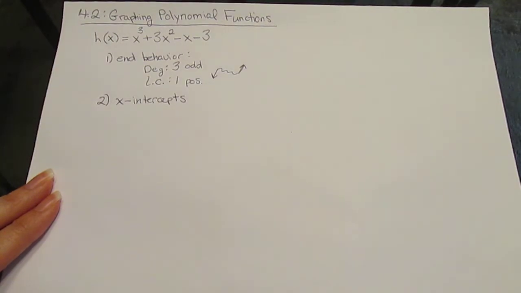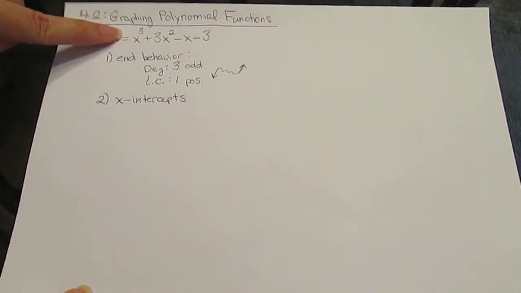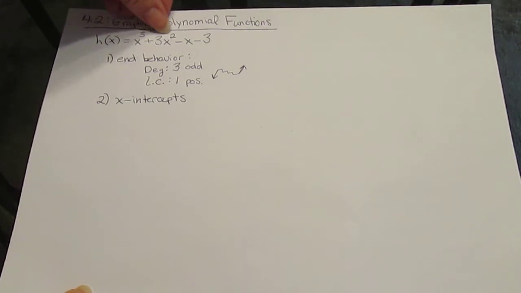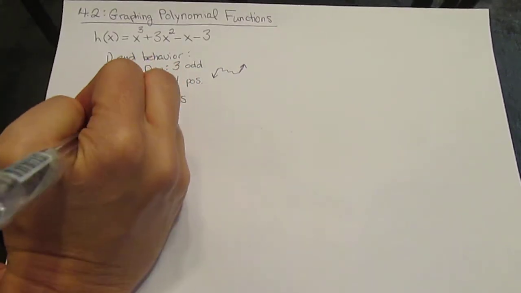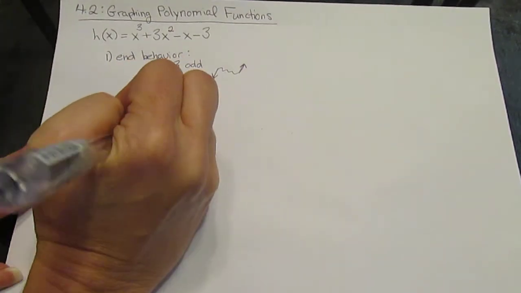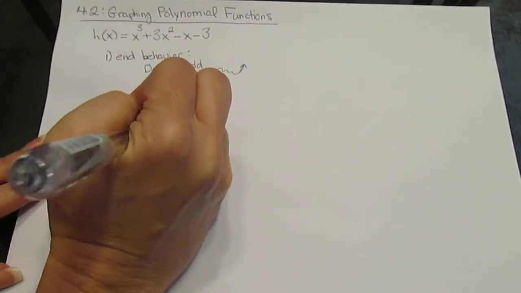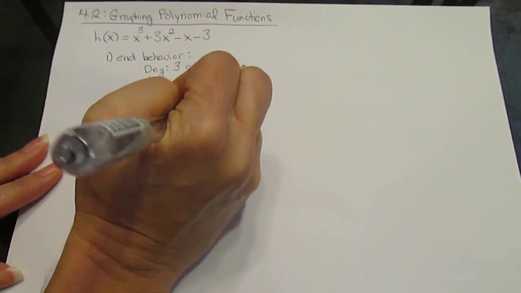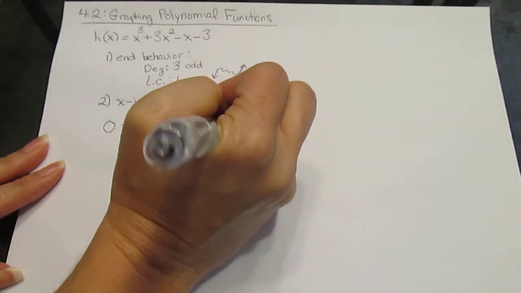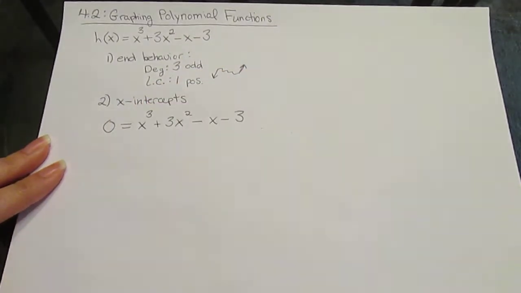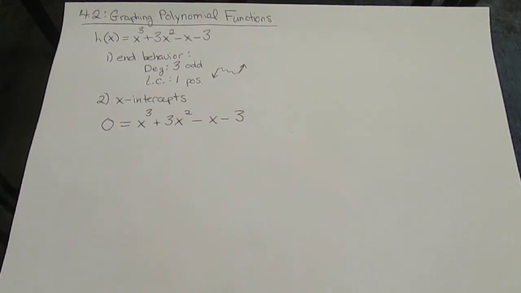Remember, to find the x-intercepts, you plug 0 in for y and you solve for x. If you have an equation with 4 terms and you're trying to solve for your x, you might be able to factor by grouping.